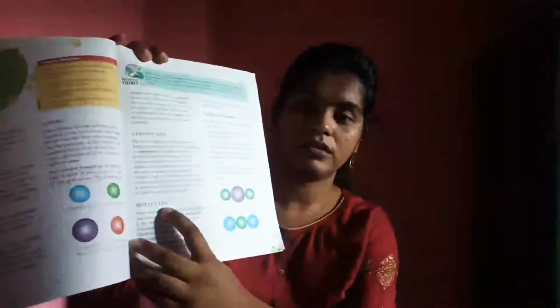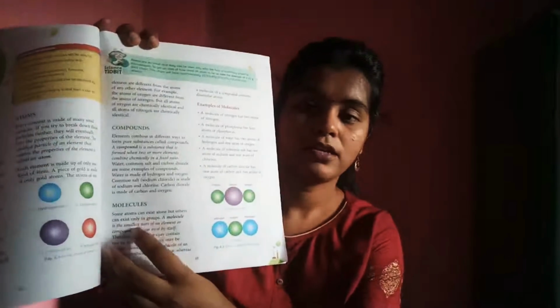Next, we also have to write the definition of molecule. That is on page number 53, under the heading molecules, line number 2. A molecule is the smallest part of an element or compound that can exist by itself.